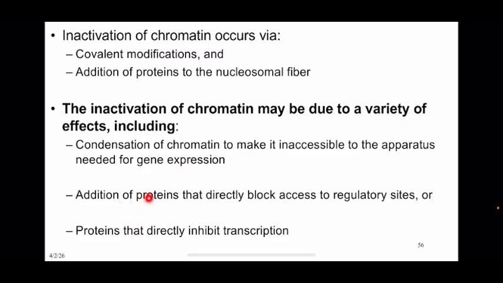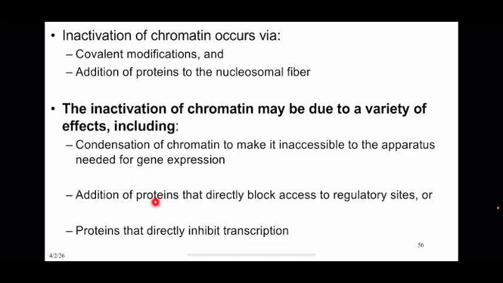So one, condensation of chromatin to make it inaccessible to whatever apparatus is needed for gene expression. It's like the chromatin condensing or folding up to make the particular regions needed for gene expression inaccessible.